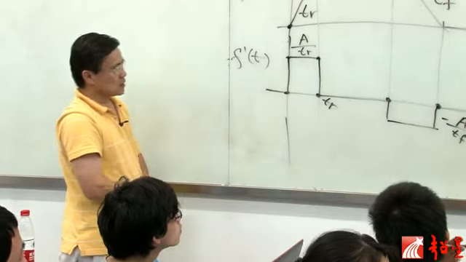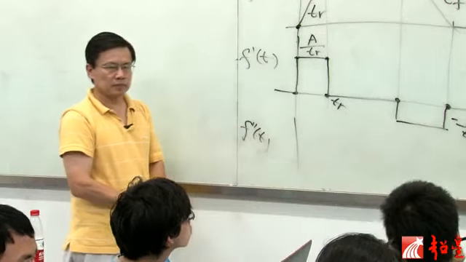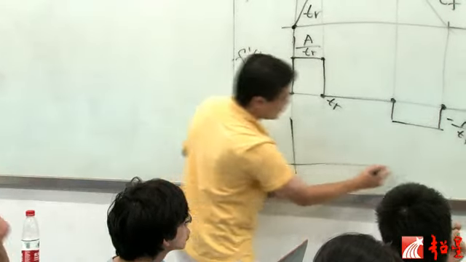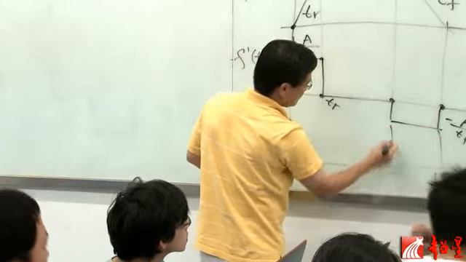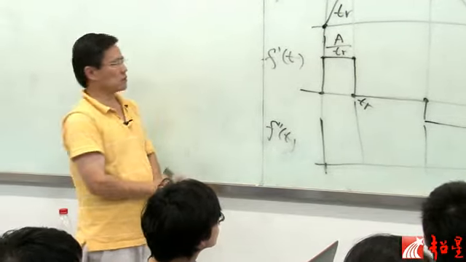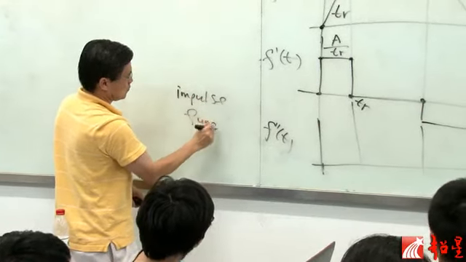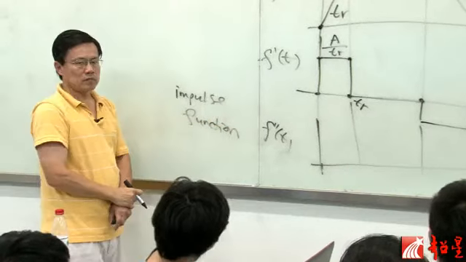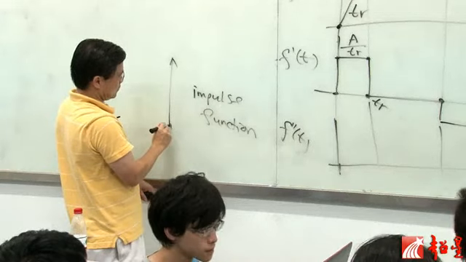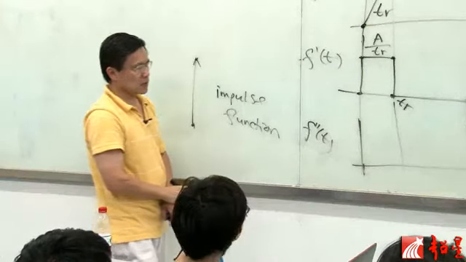Then we take the second derivative of this function. Now what do we get? We have the so-called impulse function, which has zero time and an infinite amplitude.